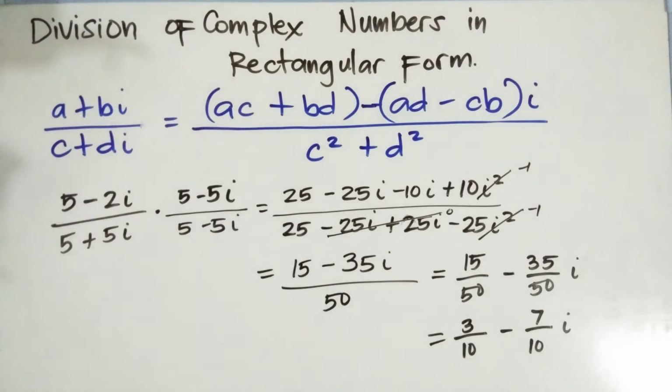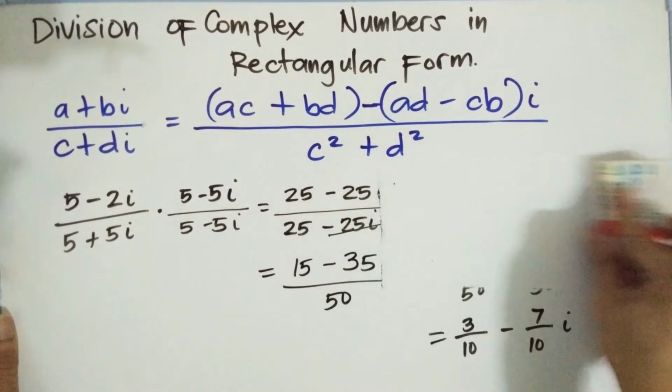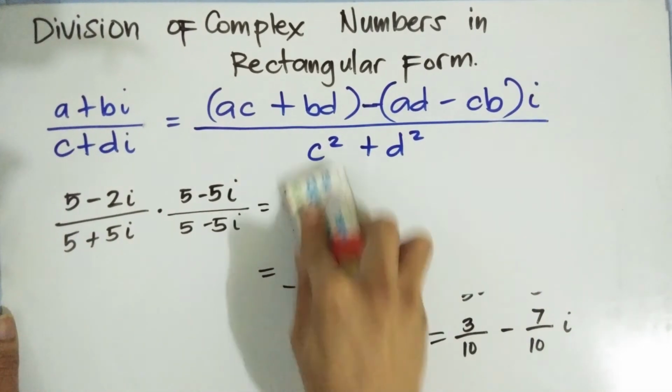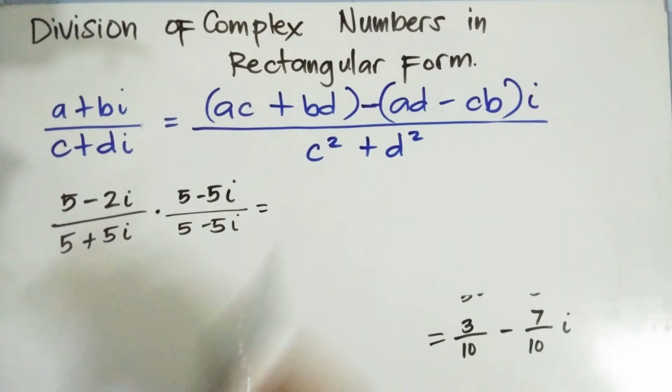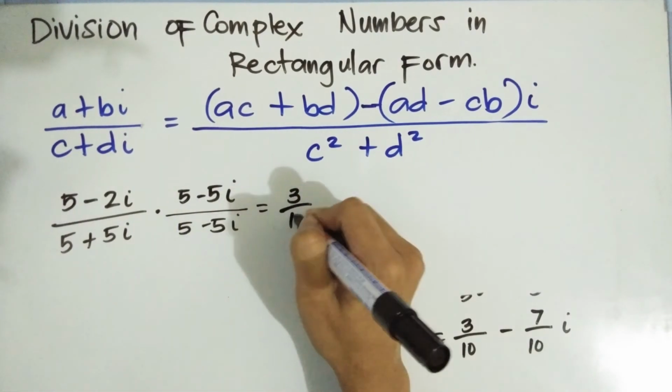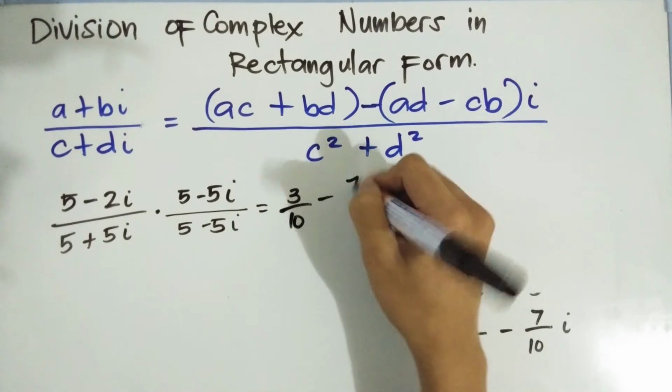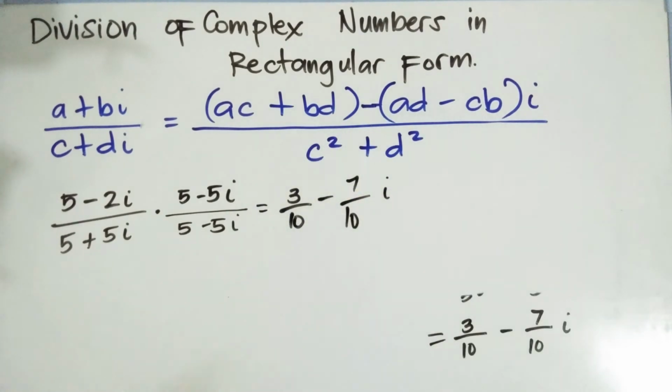Let's try to check this using the formula. Our final answer is positive 3 over 10 minus 7 over 10 i.